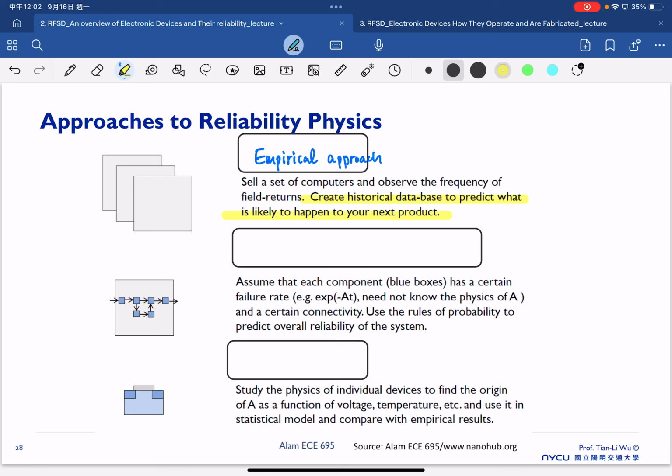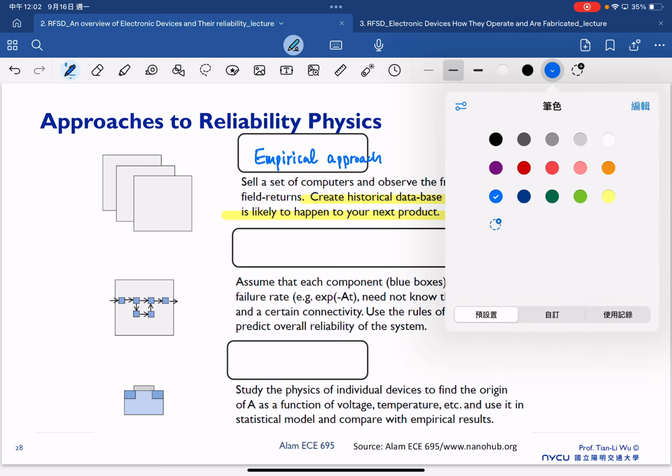So basically, this empirical approach is based on our experience. We do thousands of tests, we collect all the data, and finally we come up with certain empirical observations, empirical experience that can help us do the reliability analysis or reliability prediction.